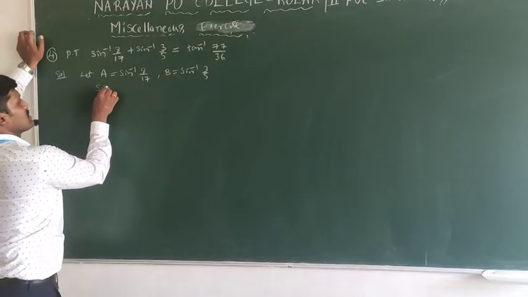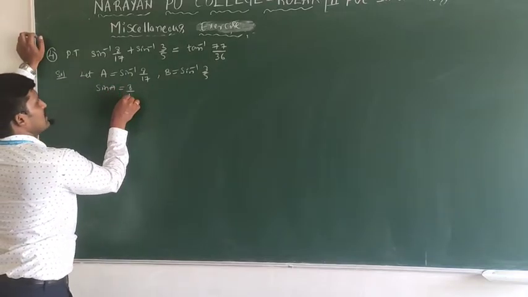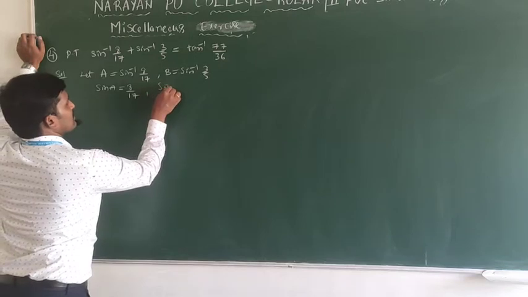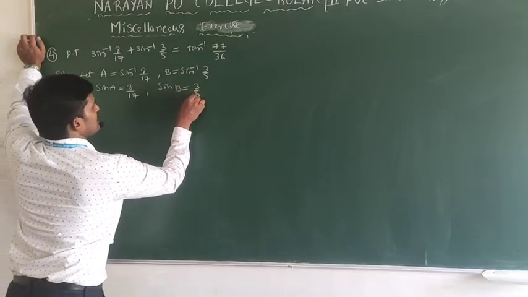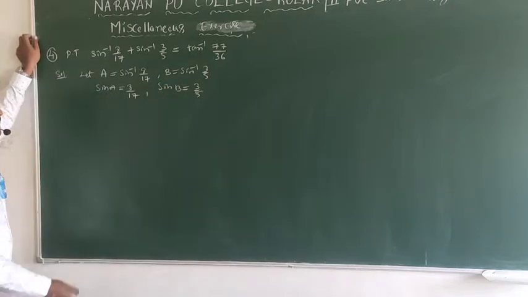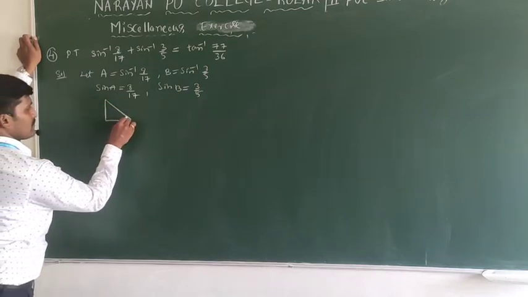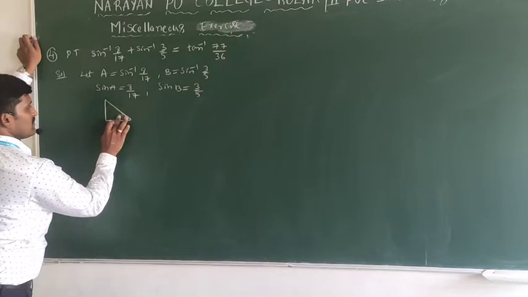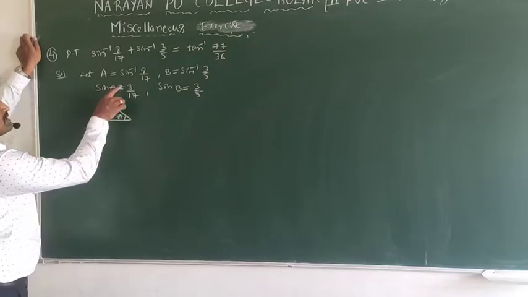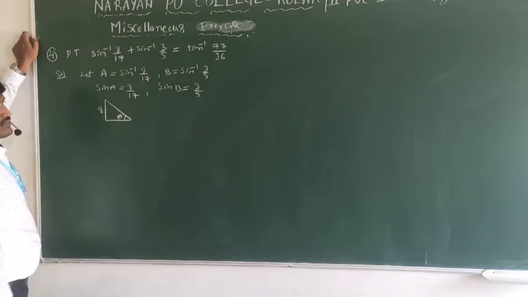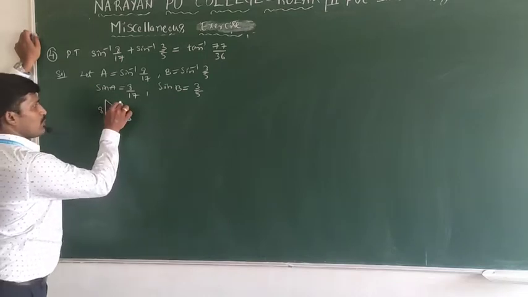Now from this, sine A is 8 by 17, sine B is 3 by 5. As per Pythagoras theorem, this is the A angle, which means sine A is opposite and hypotenuse.